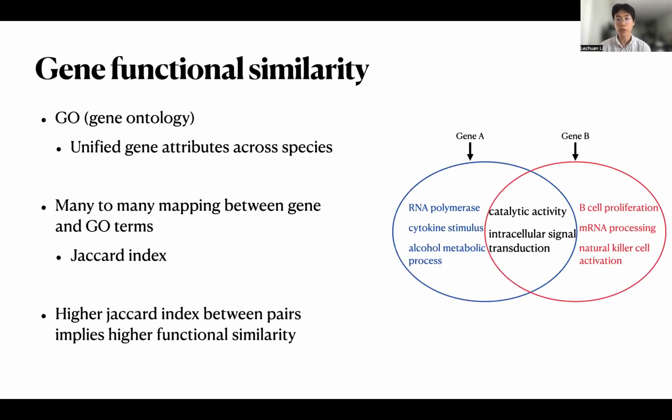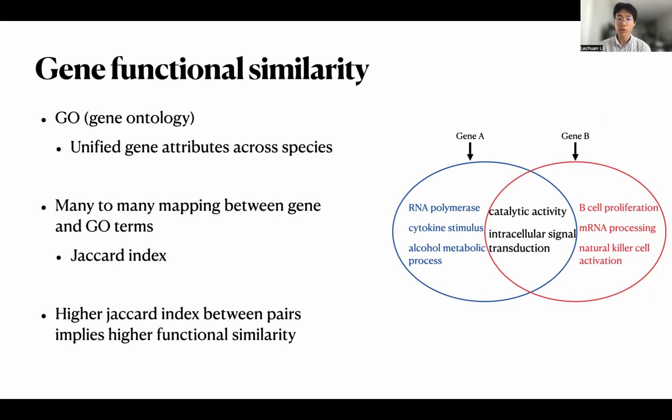Next, I will introduce our evaluation. The first evaluation is to see whether our predicted functional similarity is actually consistent with some gold standards. And the gold standard we are using is the Gene Ontology, which unifies the gene attributes across different species.